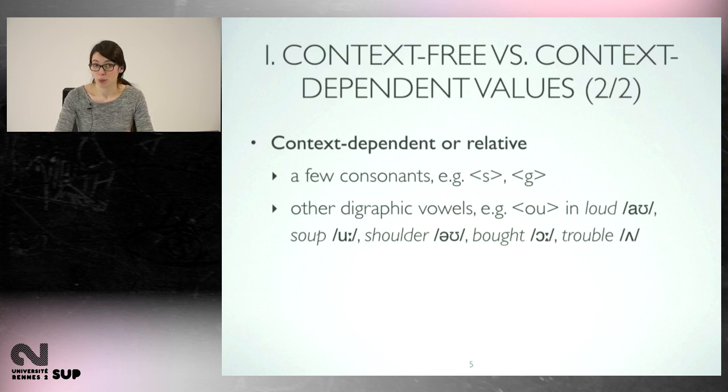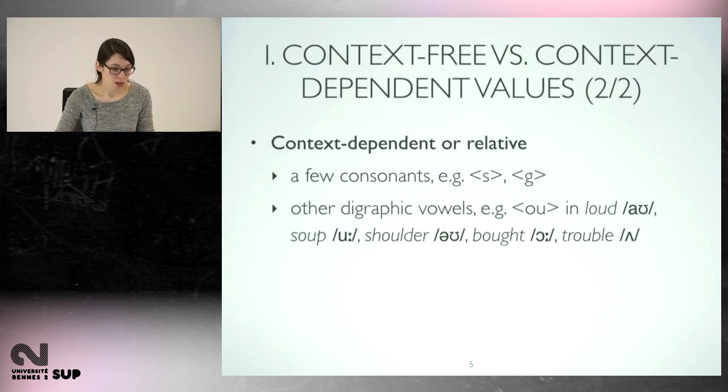Now, as for trouble, in trouble the OU grapheme has a pronunciation which is the lax vowel, which is found whenever the OU grapheme occurs before the consonant B or P, actually, followed by L and mute E. So you have this in trouble, in couple as well, and so on.